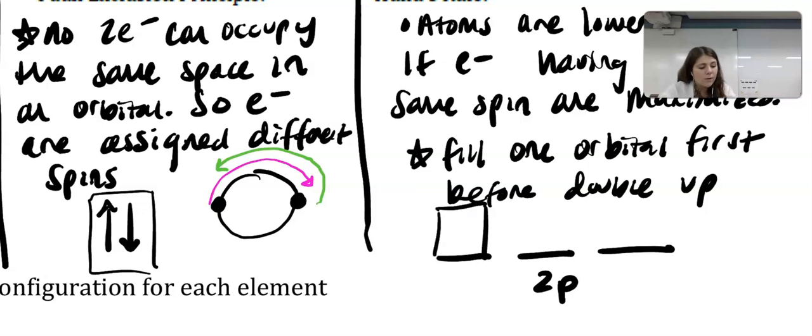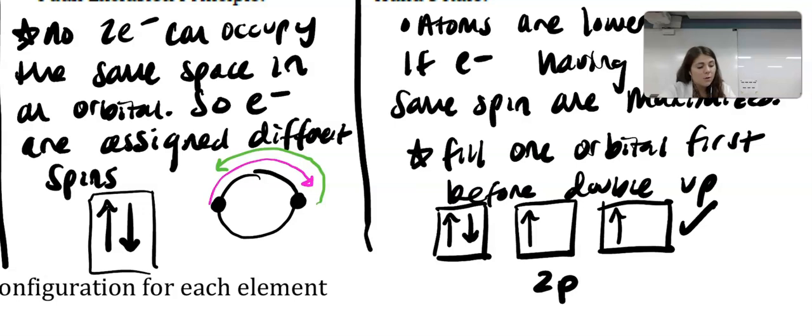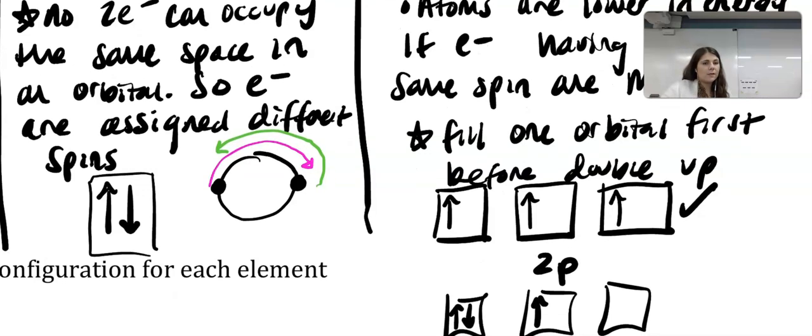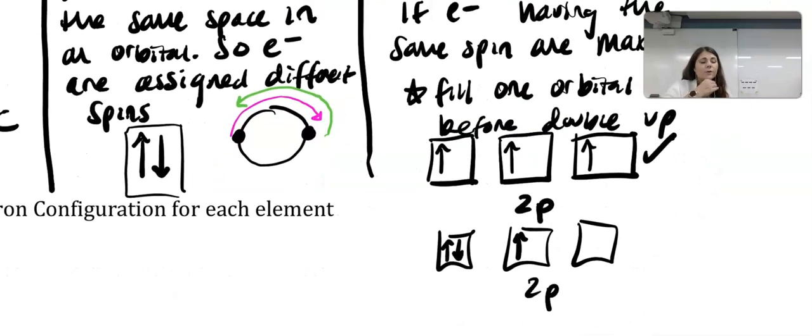So if this was 1 orbital, 2 orbital, 3 orbital, add 1 electron into each one to help maximize energy before you start doubling up. This is good. We don't want this to happen. Actually, let me remove this one for purposes. Here, you don't want to do this. Oh, sorry, you can't see. Here, it's better to put 1 in each of the orbitals rather than trying to double that up, okay?